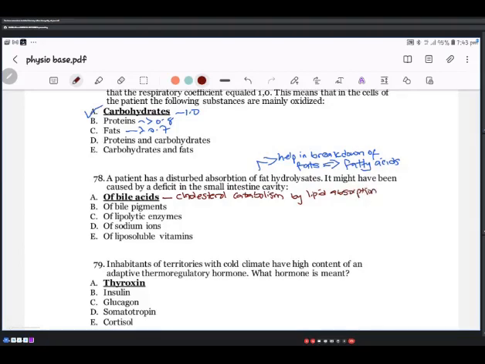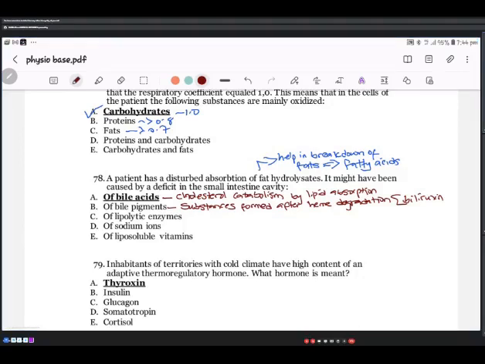And then for bile pigments, these are substances that are released after hemoglobin degradation or heme degradation. So, substances formed after heme degradation. And a typical example is, I think they call it bilirubin, something like this. I'm not sure of the spelling.